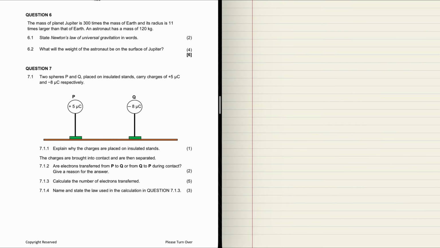So what I'm going to do is calculate the acceleration due to gravity on Jupiter compared to Earth. So 6.2, we know that the gravity on Earth is equal to G M_E over r squared. Then the gravity on Jupiter will equal G multiplied by the mass of Jupiter divided by the radius of Jupiter all squared.